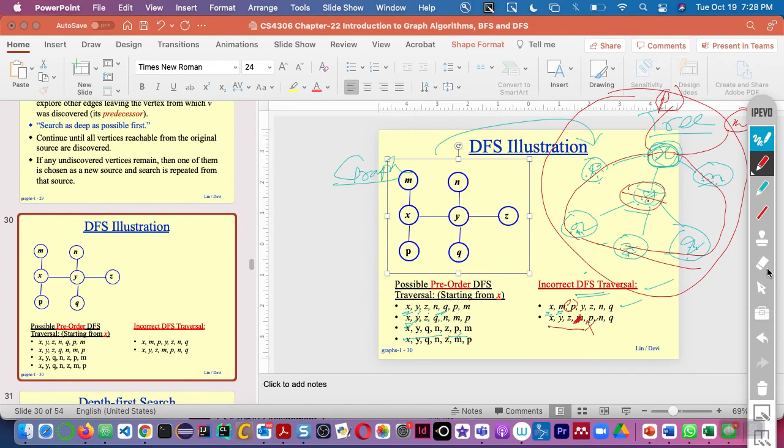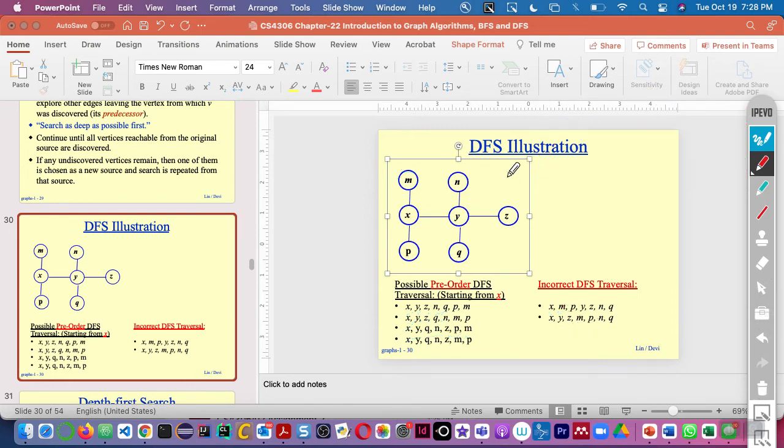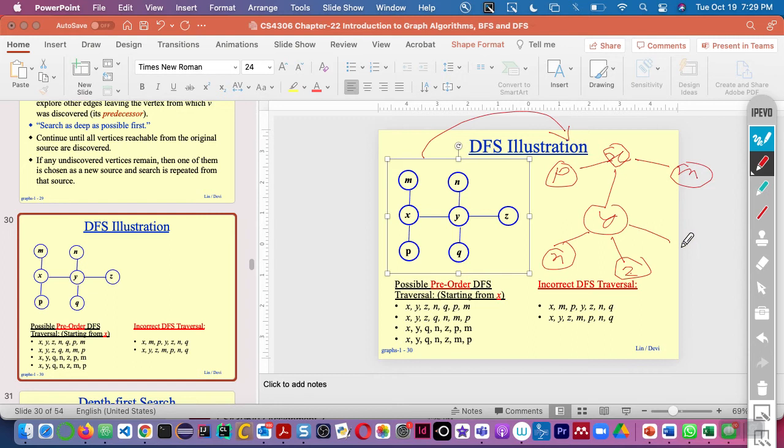If we rotate it and draw the corresponding tree, then we will have X, and then M, and then P, and then Y, and then N, and then G, and then Q. Let me say Q, G, and N. Okay, now starting from X, go to the depth.